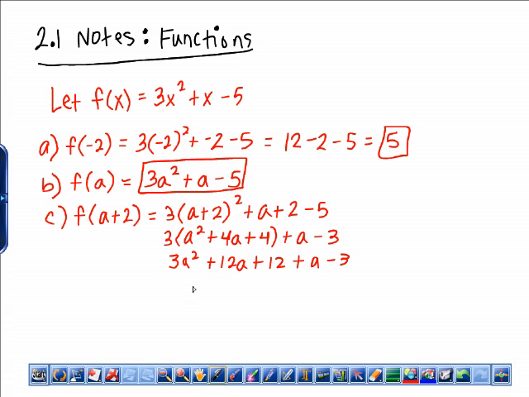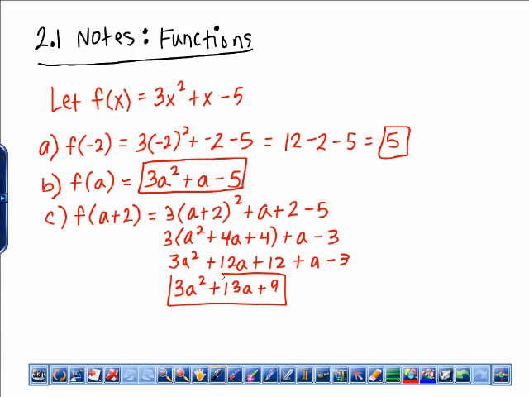And so in total, that would be 3a squared, and then plus 13a plus 9.